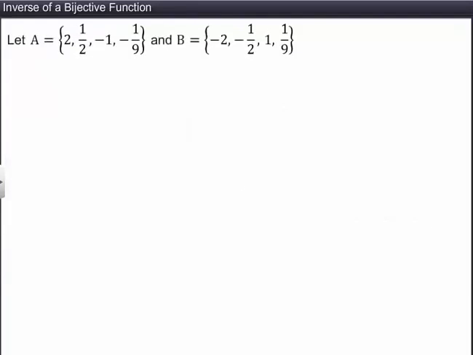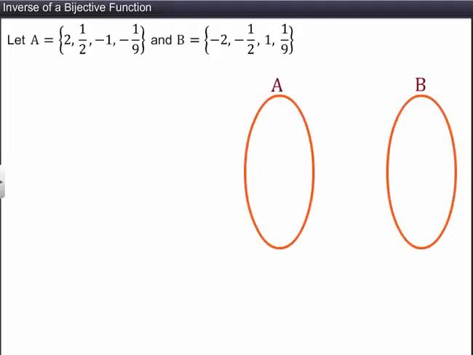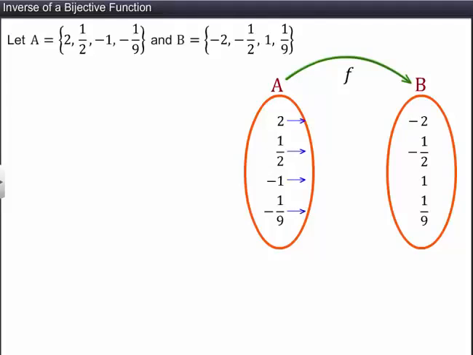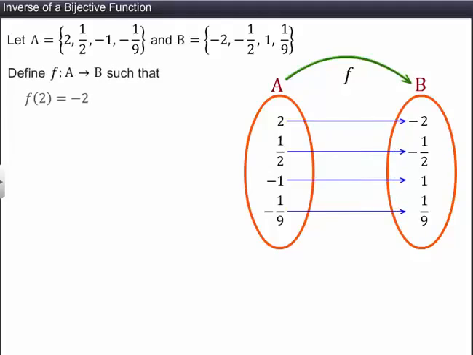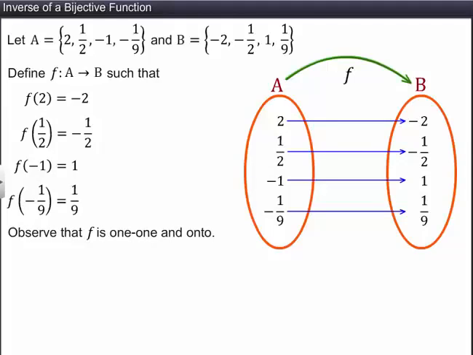Let us denote the set of numbers 2, 1/2, -1, and -1/9 by A, and the set containing the additive inverse of the elements of set A by B. Define a mapping f from A to B such that f maps the elements of set A to their additive inverses in set B. Observe that f is one-one and onto.